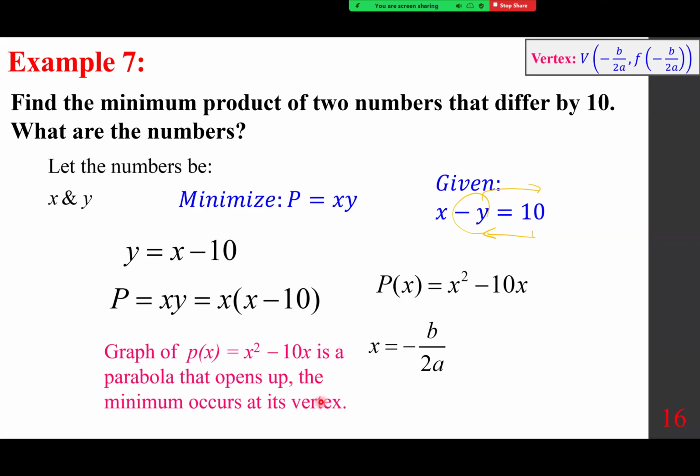The minimum occurs at its vertex, x equals minus b over 2a. Again, the reason it opens up is because a is 1.